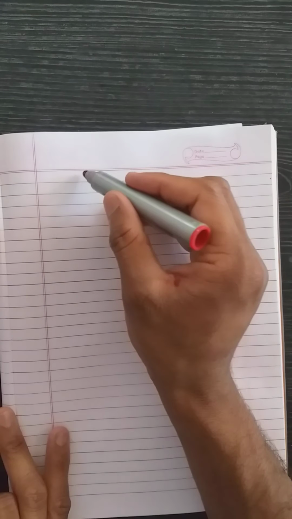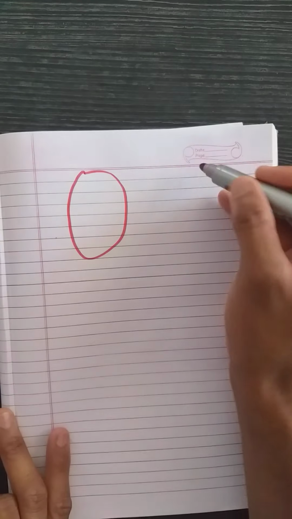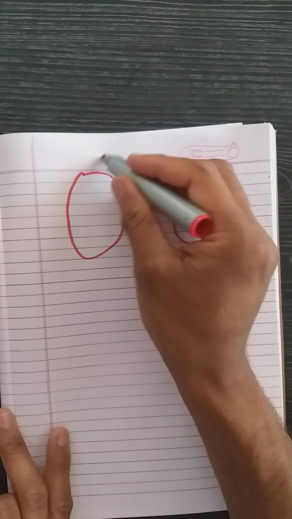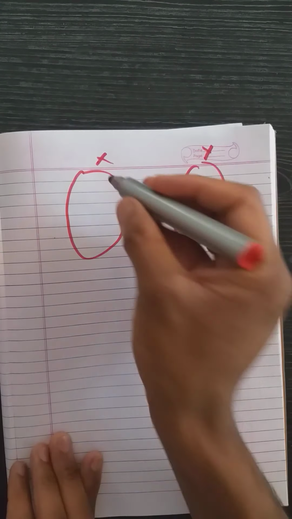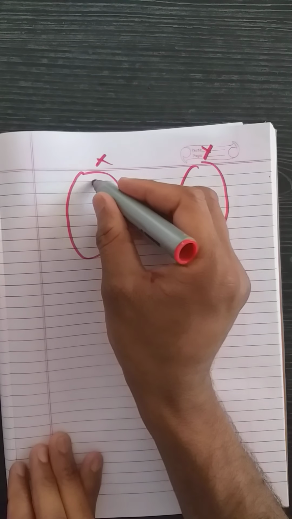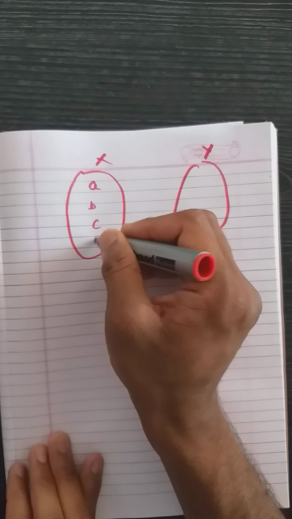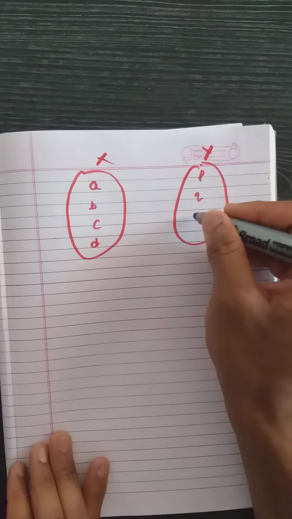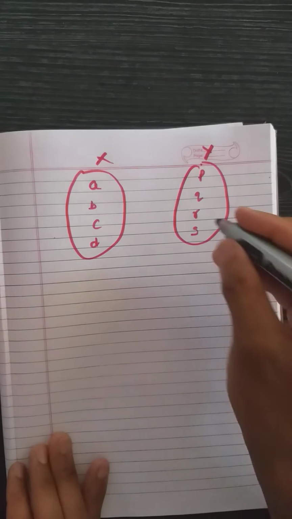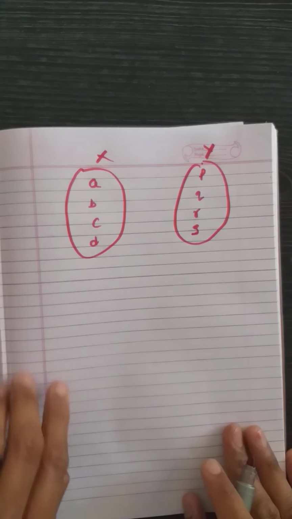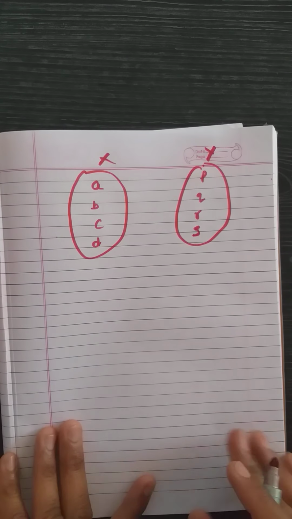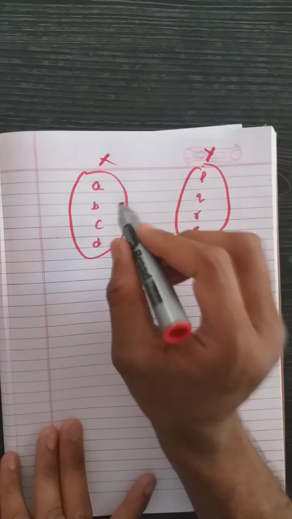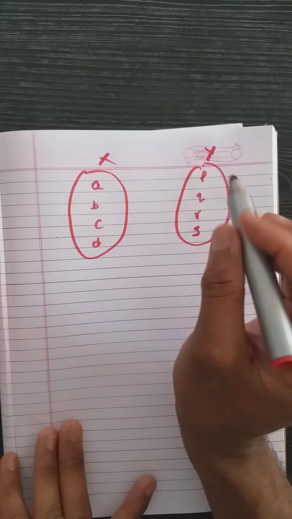Let us see it with the help of a diagram. X and Y, a function from X to Y. Let us suppose the elements of X are a, b, c, d, and the elements of Y are p, q, r, s. We have to check whether this function is onto or not.